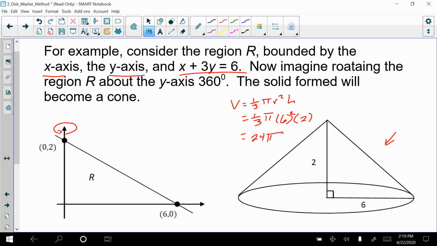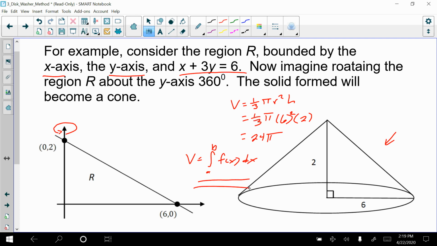Well, what we're going to do is show how we would take that same process, but instead of doing it with a basic geometry shape, which we can't always use, we're going to be finding the volume with some kind of integration, where we take whatever the three-dimensional shape happens to be, and slice it up into a bunch of infinitely small disks, and take the overall sum of those things.